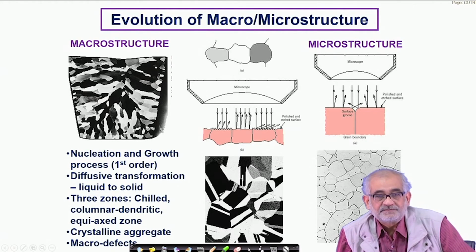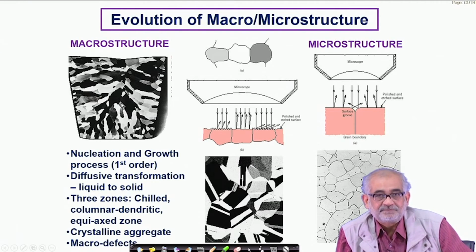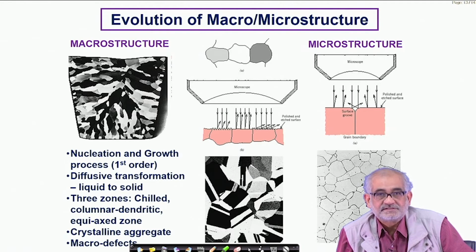Now, apart from directionality, it also tells us another very important feature, and that is related to their orientation. This particular melt, even if it is of the same composition throughout, certainly shows that the entire block is not exactly one single entity. It certainly has certain constituents in between which differ from each other.